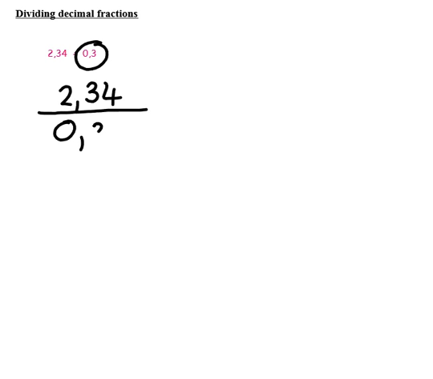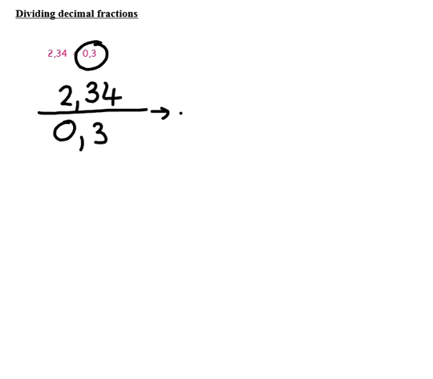Right, dividing decimal fractions. So the first example we're going to get is 2,34 divided by 0,3. You cannot divide by a decimal. So the best thing to do would be to write it as 2,34 over 0,3.